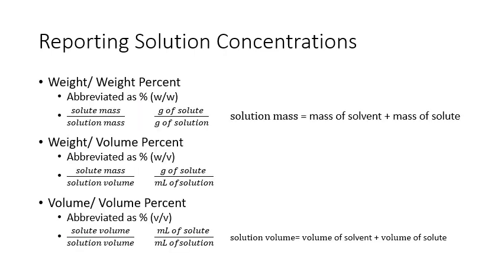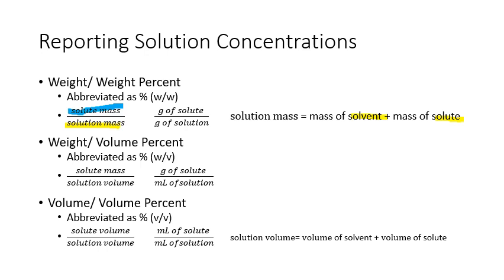So when you're doing the percents, one of the key things is that we're always dealing with the amount of the solute, that's the part, divided by the amount of the solution. And the solution is both the solute and the solvent. It's not just the solvent alone, it's also the mass of the solvent and the solute together, because it's a total mass. It's not just the mass of one part of it.